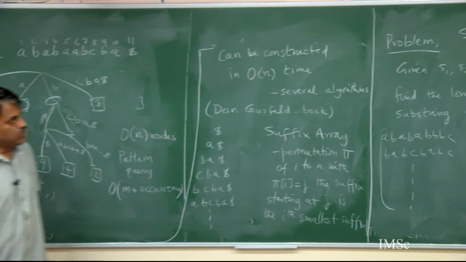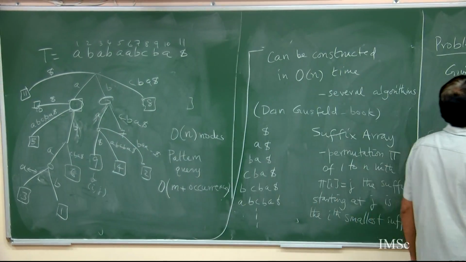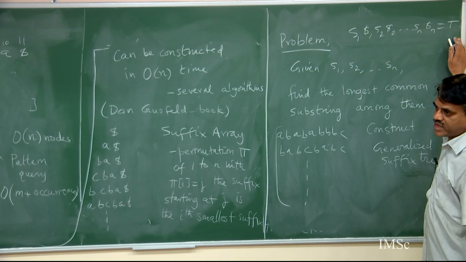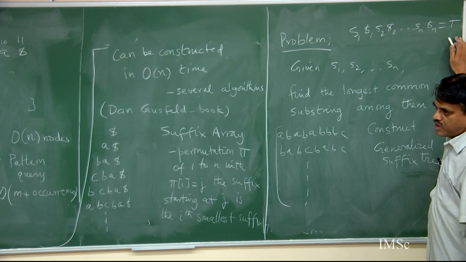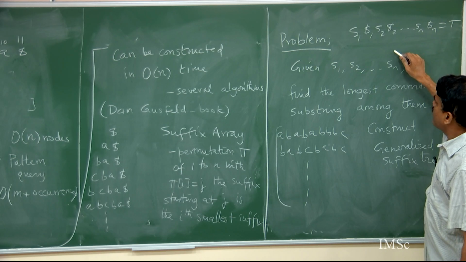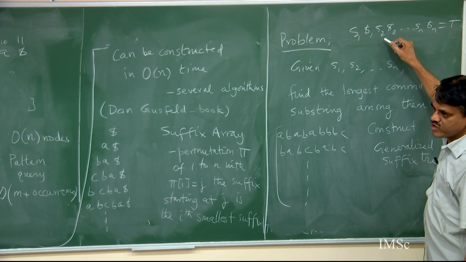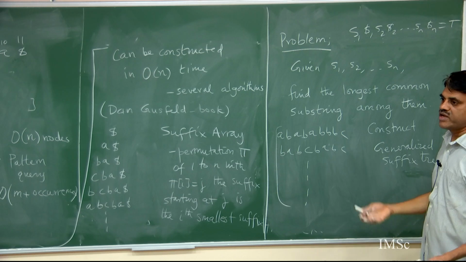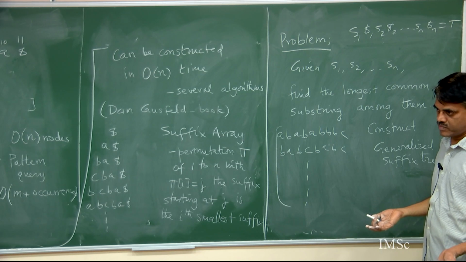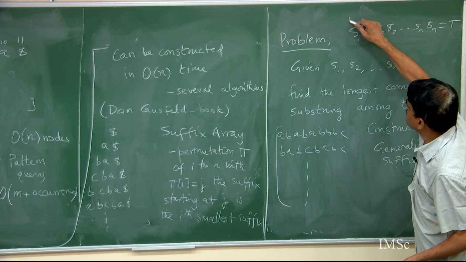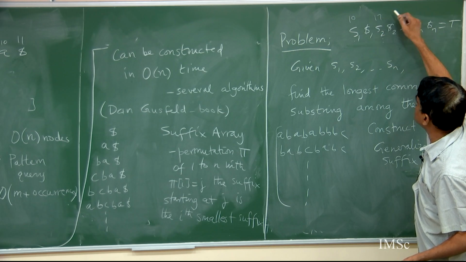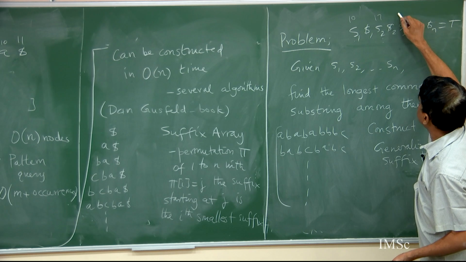Now, in this big concatenated text, a leaf gives me a position. Based on the length of these strings, given the position, I know which string it is; that is not a problem. This has length 10, this is length 17, this is length 15.